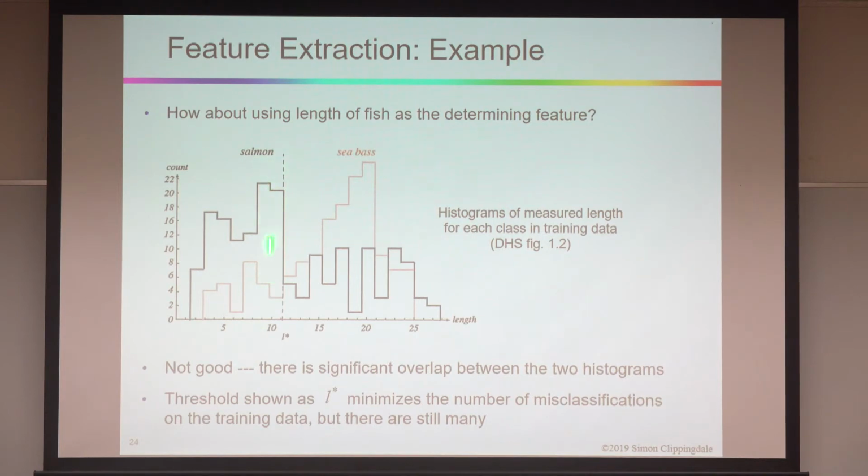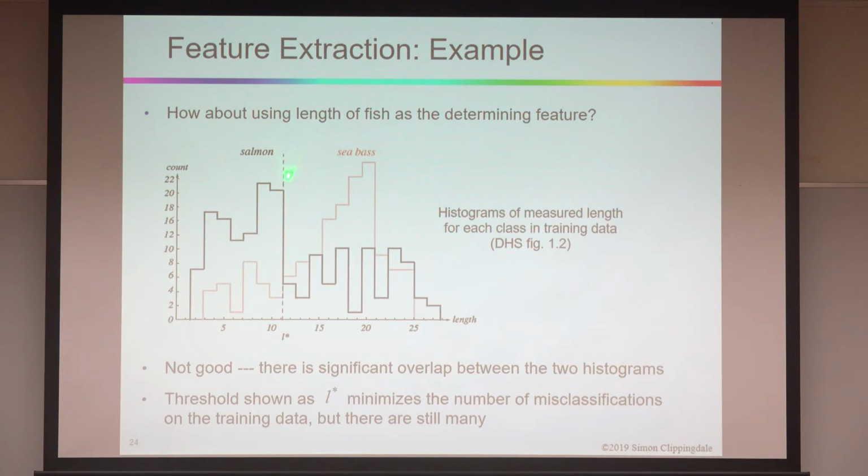Most of the salmon are around 10 whatevers long, but some of them are much smaller, some much larger. Similarly, sea bass are bigger on the whole, but there are some very small ones and fairly big ones as well. The distributions overlap quite badly, which makes it a difficult problem.